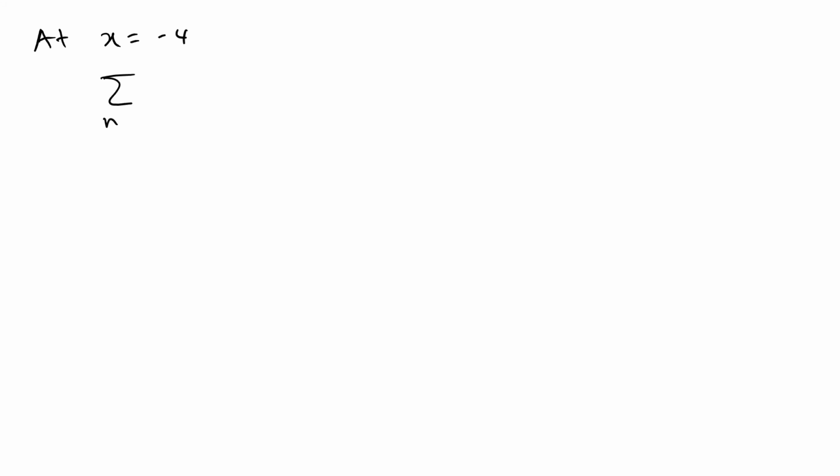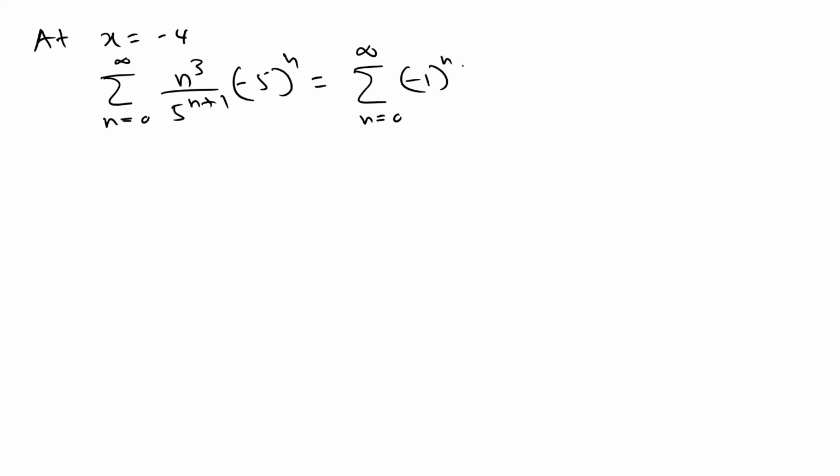The sum from n equals 0 to infinity of n cubed over 5n plus 1 times -5n, which is the sum from n equals 0 to infinity of (-1)^n, n cubed, and then we have 5n over 5n plus 1.